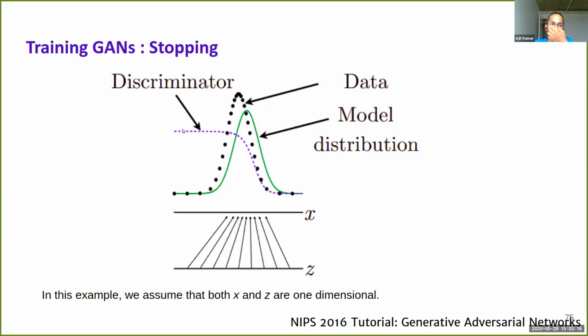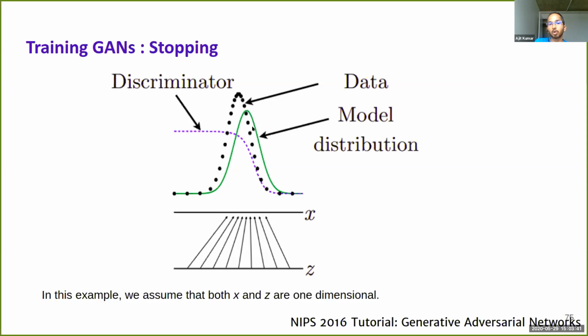And this purple line is actually the ratio of these two distributions. As I mentioned at one point, the GAN is trying to learn a ratio of the probability of the original data as compared to the probability of the model that we have. So this line is representing that.